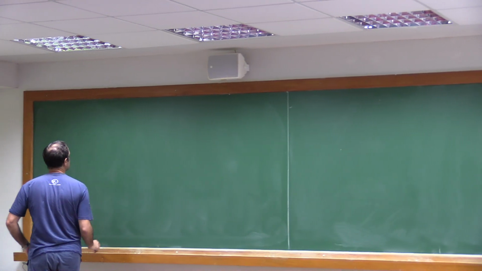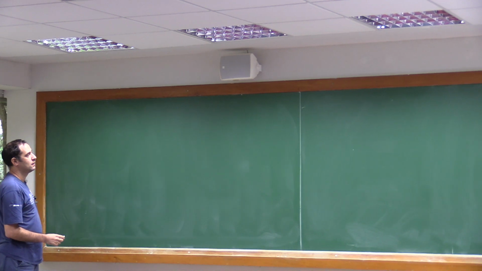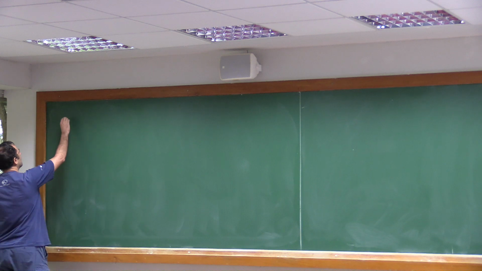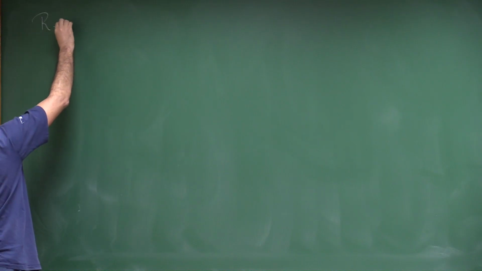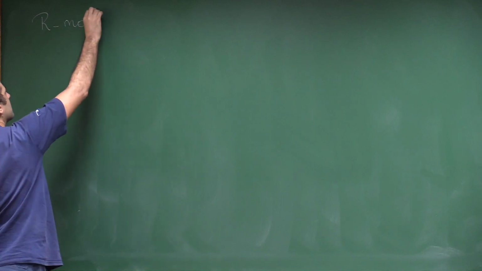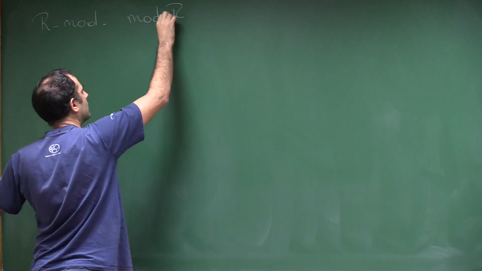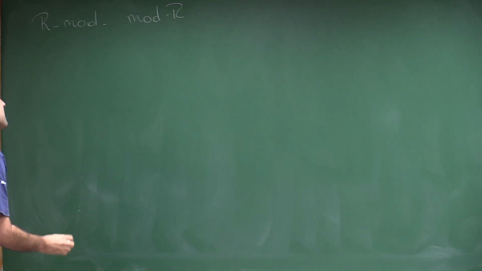I think the following lemmas that I'll need today are things that were already proven. One of them was that, again, R is a ring, and I'm going to be looking at R modules, or mod R. Most statements are going to be the same.